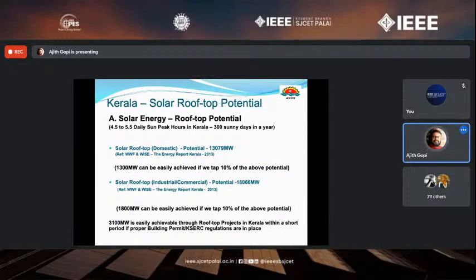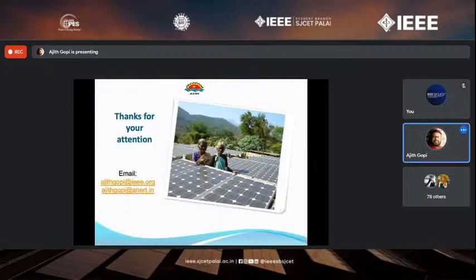Earlier studies give tremendous potential, more than 31,000 megawatt in Kerala, with rooftops only, both industrial and domestic. If you tap 10% of that, you will get more than 3,000 megawatt. I used to say this in every presentation. So it is very easy to get generation from this. And with this, I'm winding up.